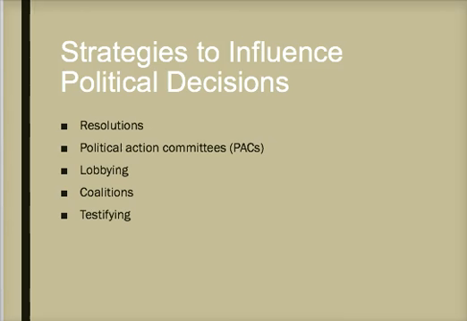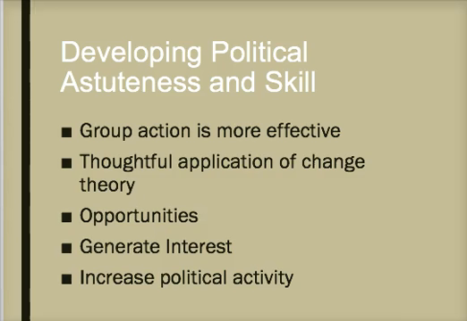There is also testifying, which is presentation of information at a committee hearing. To develop political astuteness and skill, group action is usually more effective, and you need to have a thoughtful application of change theory. Opportunities for political action in the workplace where policies are made exist.